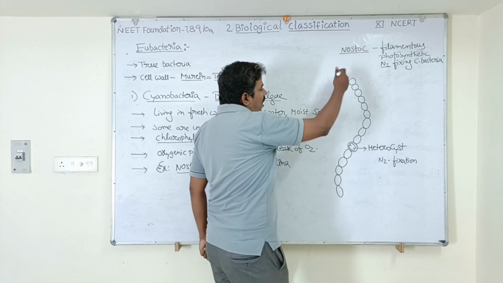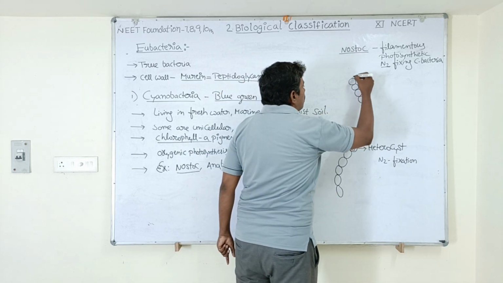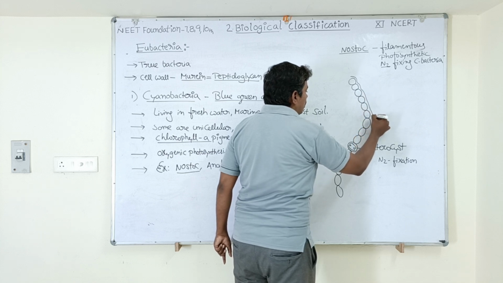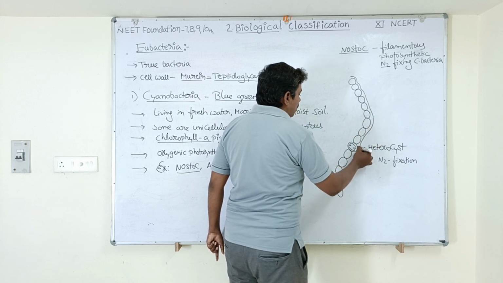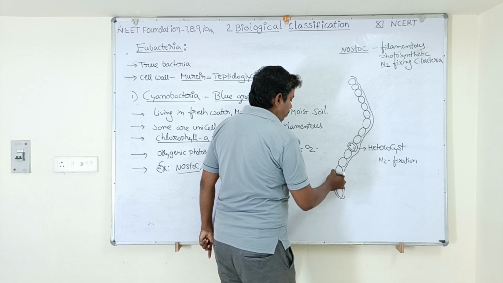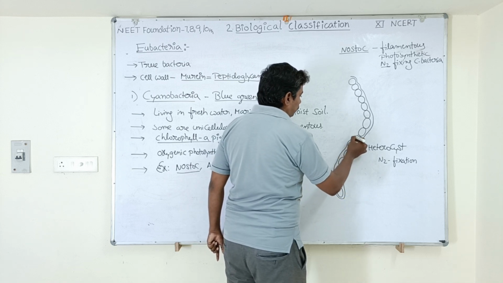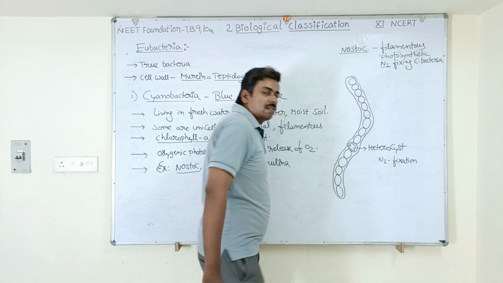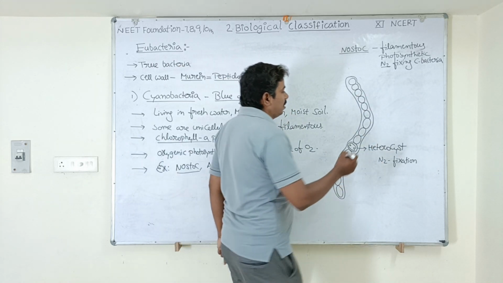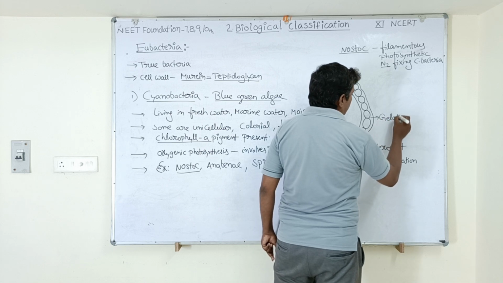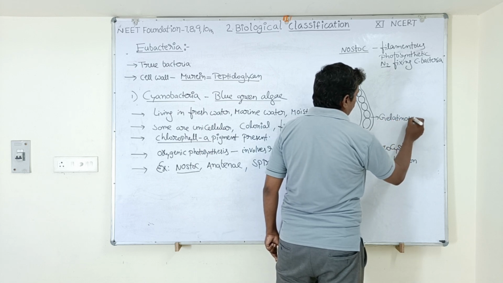The entire filament of nostoc is covered by a slimy material which protects the bacteria. This slimy material is called gelatinous sheath. What is it called, my dear students? It is called gelatinous sheath.